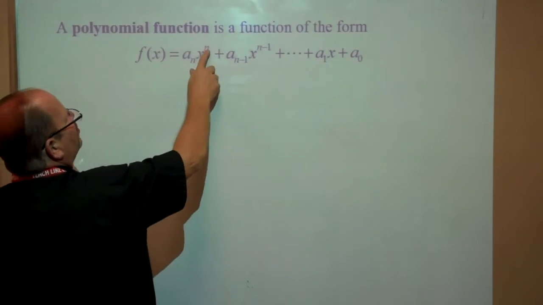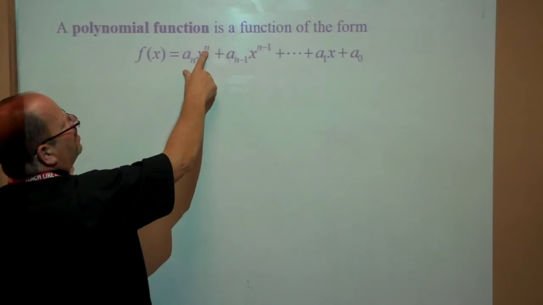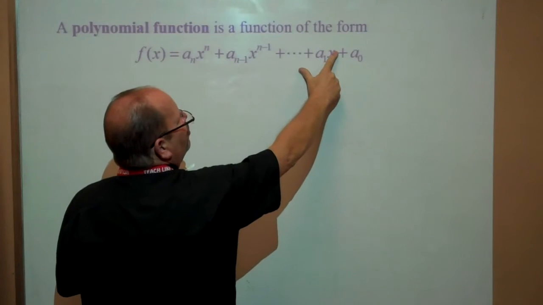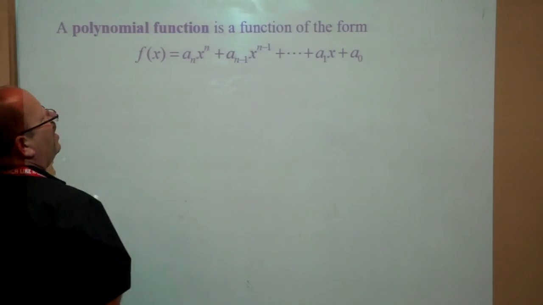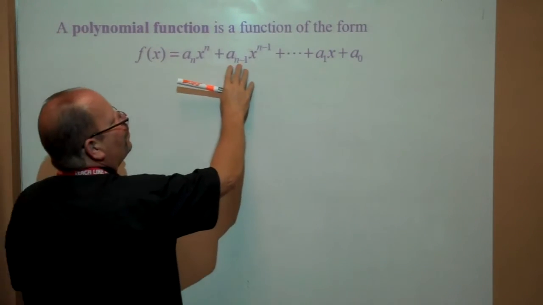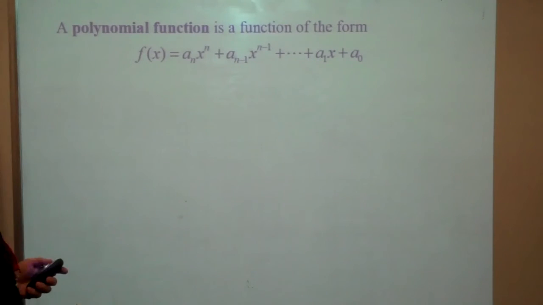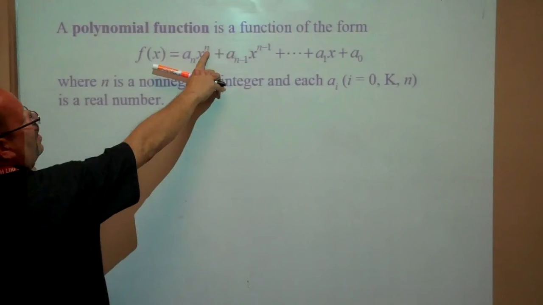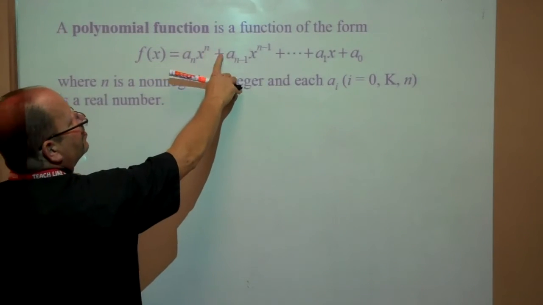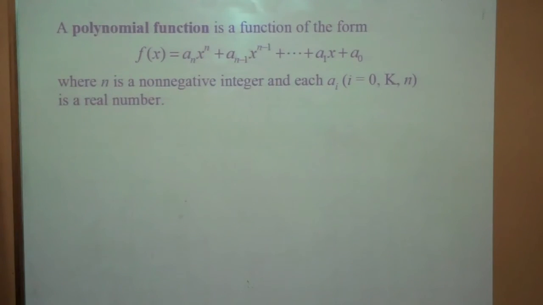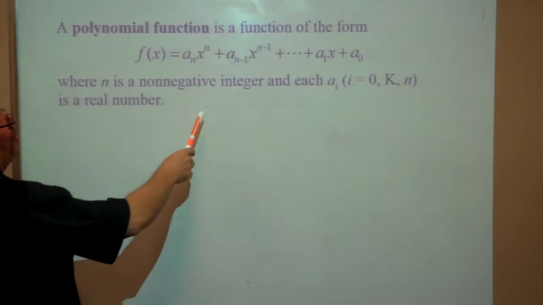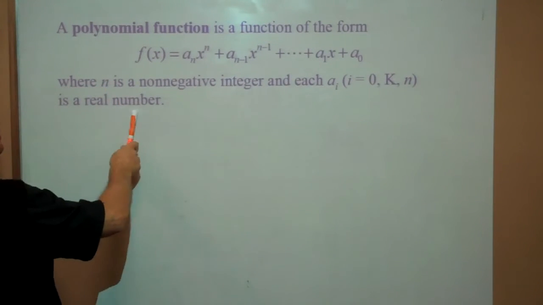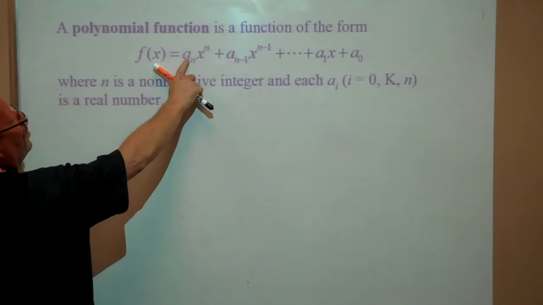Okay, if this was a 3, then this would be a 2, and this would be a 1 and a constant. It's just very formal looking, but not to be afraid of it. Standard form, we go from the highest power on x and down. n is a non-negative integer, and each a is a real number.